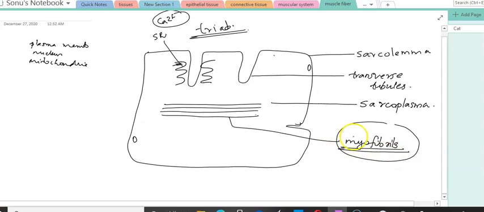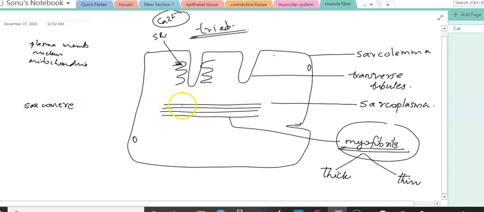There are two types of filaments in a muscle cell: thick and thin filaments. And these are arranged in such a way that the single unit of arrangement of thick and thin filaments is called a sarcomere.